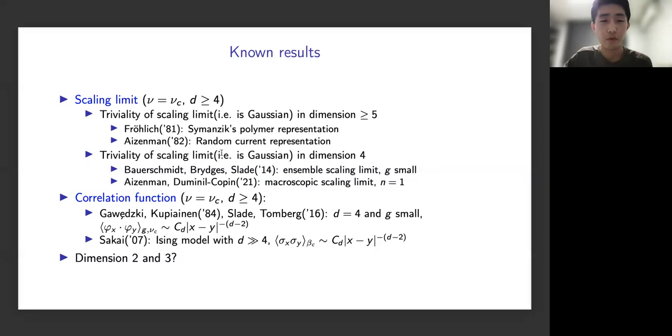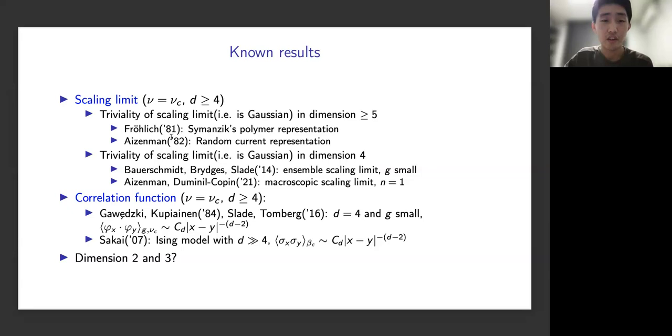However, I'm going to present the results for now. So when you tune the value of nu to the critical value and set dimension greater or equal to 4, then it is known from the 80s that in dimension greater or equal to 5, the scaling limit is trivial. So the scaling limit being trivial means that it is simply a Gaussian field.